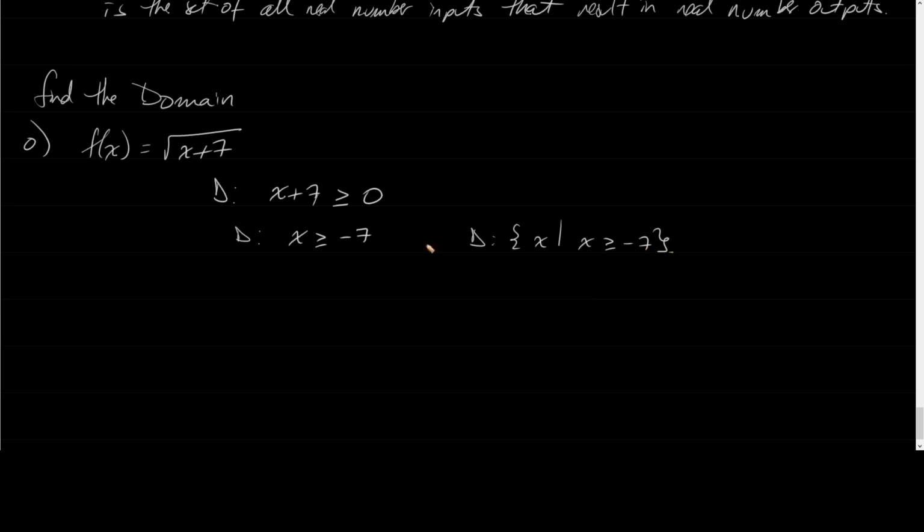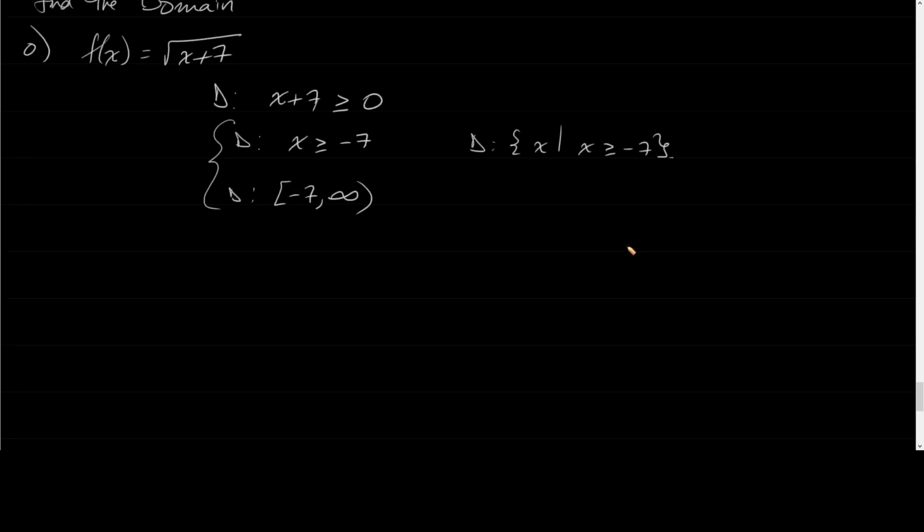I would not worry about writing things in that kind of method. I would just say x is greater than or equal to negative 7, or you can put it in interval notation, going from negative 7 to infinity. Either of these two are my preferred versions. Don't worry too much about that other one.